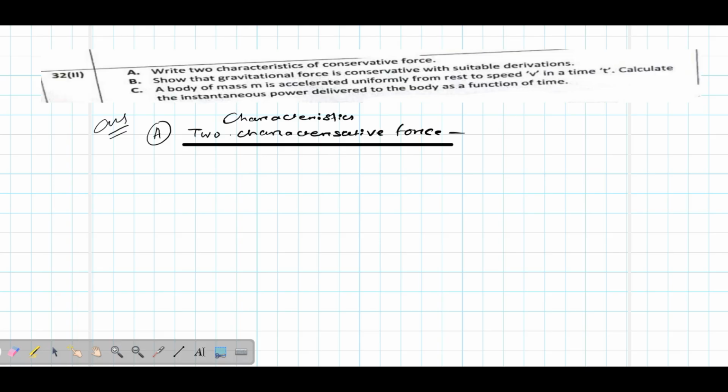What are the two characteristics of conservative force?